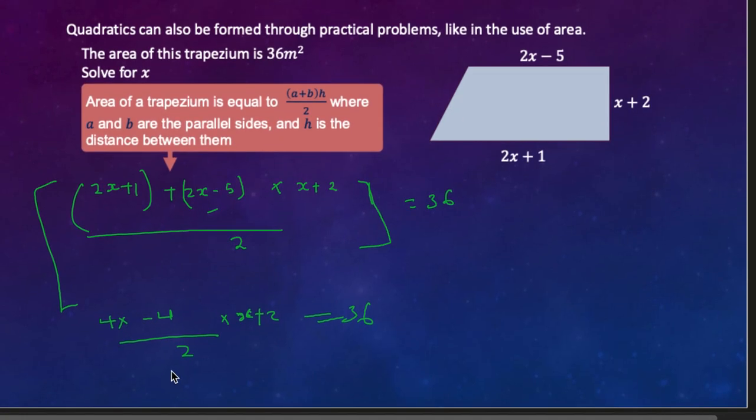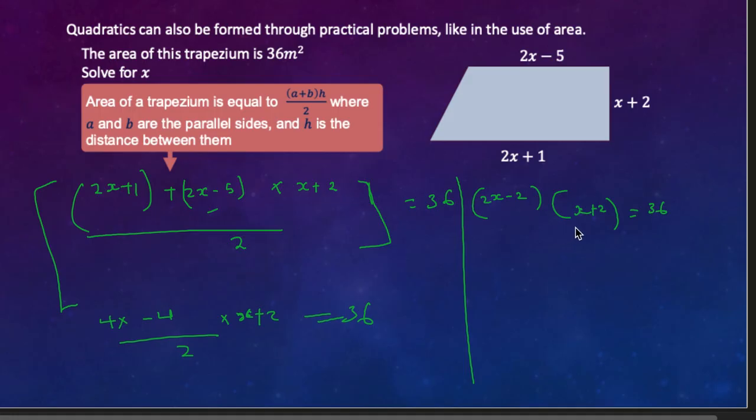So basically I'm going to cancel this 2 with these 4's. So now I have 2x minus 2 multiplying x plus 2 equals 36. I hope you're still following.